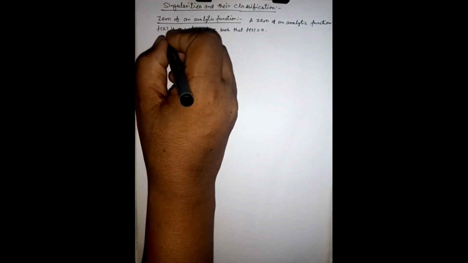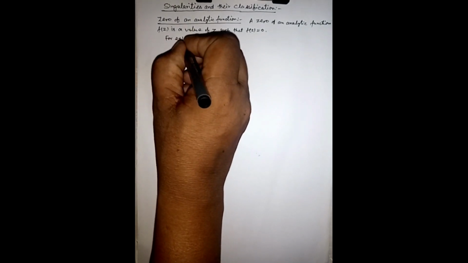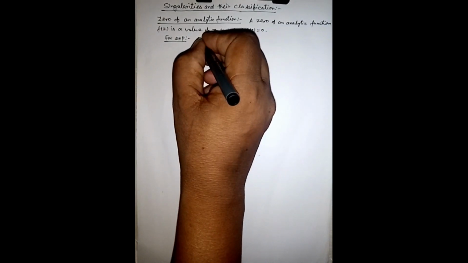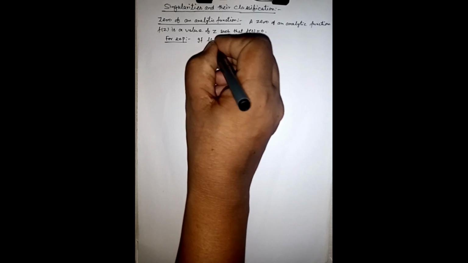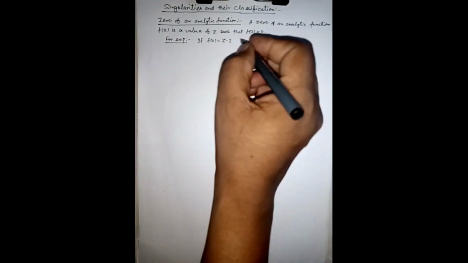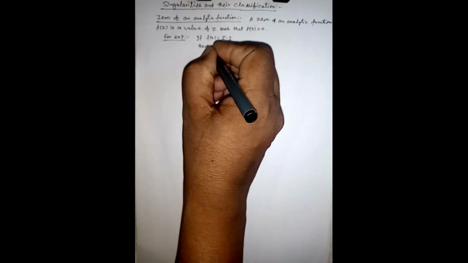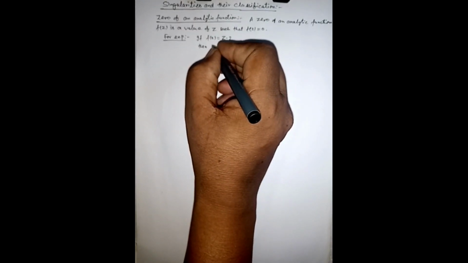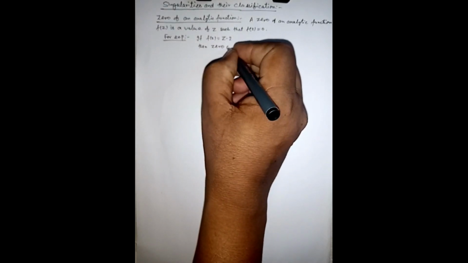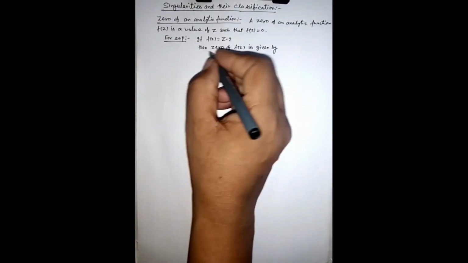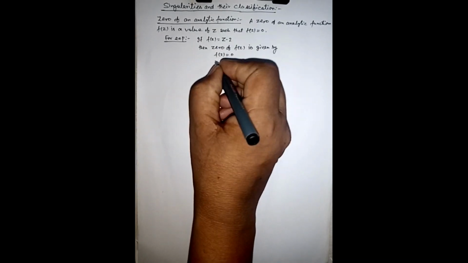For example, if f(z) equal to z minus 2, then zero of f(z) is given by f(z) equal to 0.